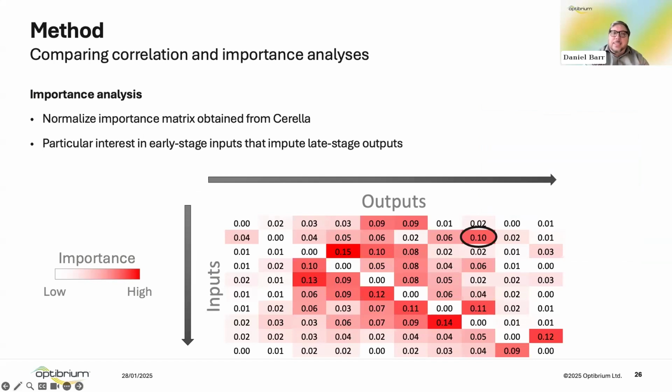So again, we've seen this matrix before. We have inputs here now along the vertical axis and outputs along the horizontal axis. If we assume that these are ordered chronologically, the way Matt described in the introduction, then this point that's circled here, this dark red point towards the top right of this matrix, represents a point where an early stage input is very important for predicting a late stage output.